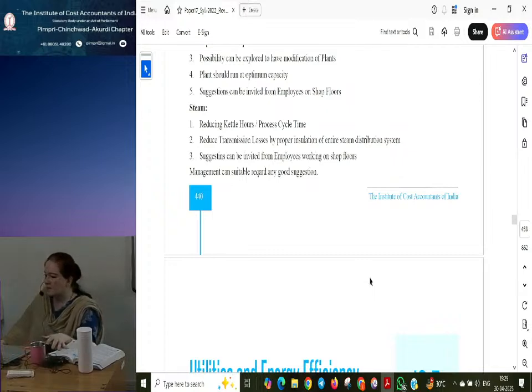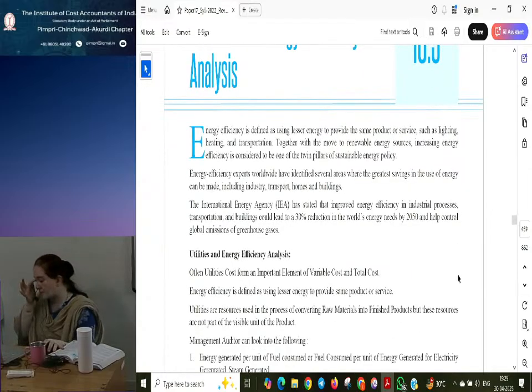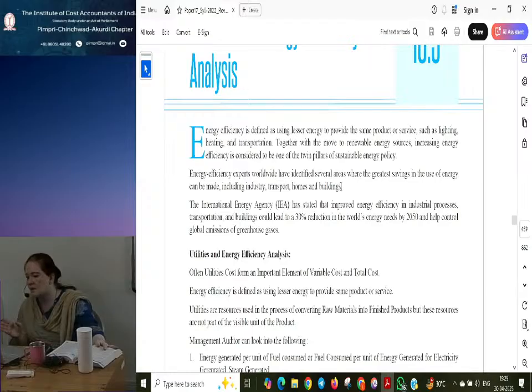So next comes utilities and energy efficiency analysis. So what basically does utilities and energy efficiency look into? See, energy is one of the important sectors and is very much required for production.